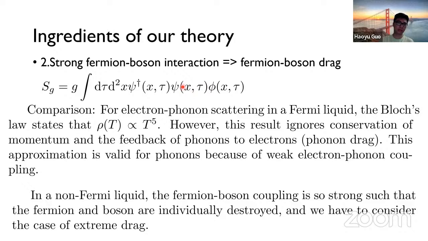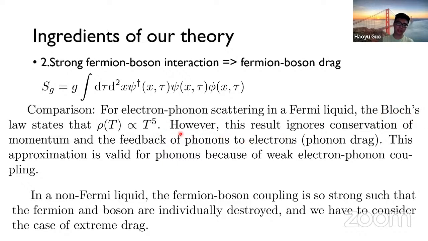To compare with a more conventional, well understood story, you could consider electron phonon scattering, which is also a fermion coupled to a boson. There, people calculated that at very low temperatures the resistivity goes like T to the 5th. This is called Bloch's law.